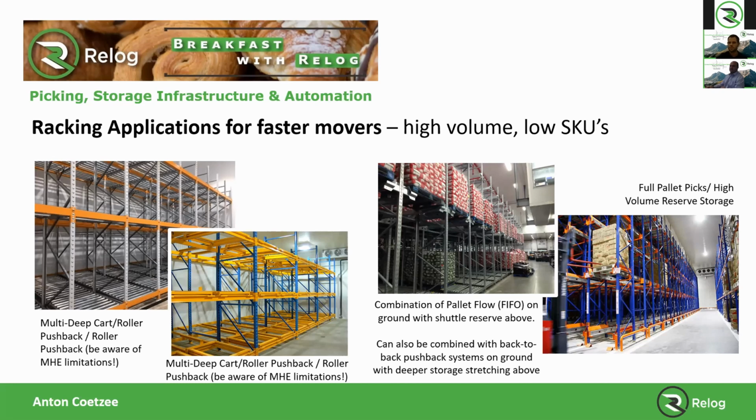We've got 3D pushback, 3D carts and rollers, which is a LIFO type installation. So if the product moves fast enough, the LIFO shouldn't have an effect. Then you've also got other solutions where we've got 6 deeps on the ground, for example, with rollers, and with shuttle above to help you replenish those pick faces and move that product as fast as it needs to go.